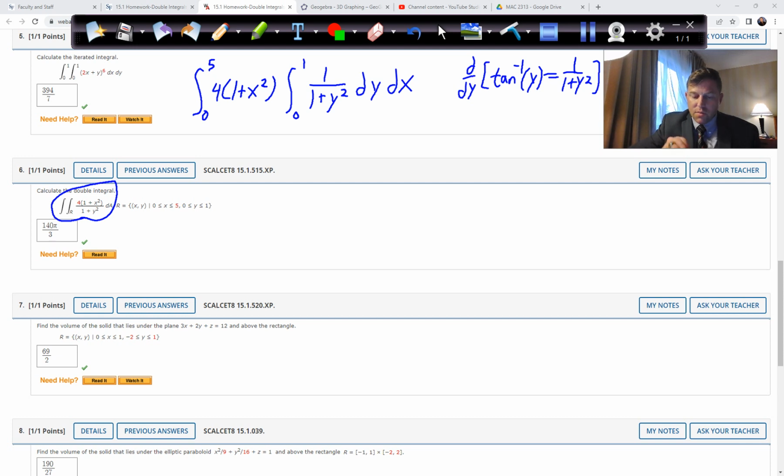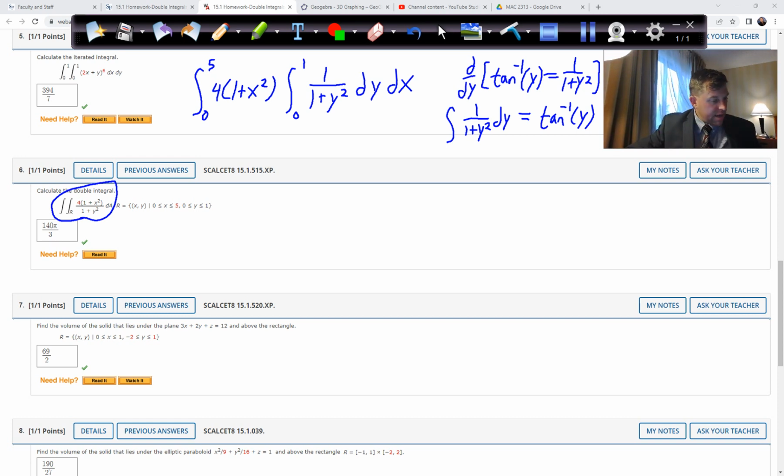Therefore, the antiderivative of 1 over 1 plus y squared with respect to y would equal the arctangent of y. So those go either way, back and forth.